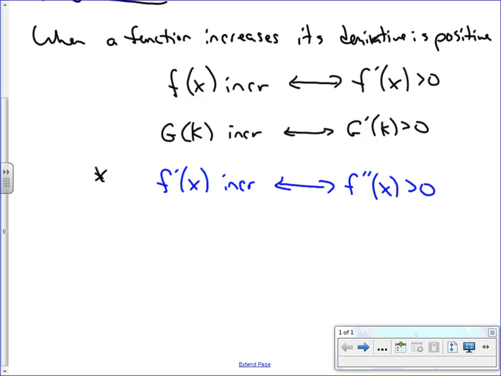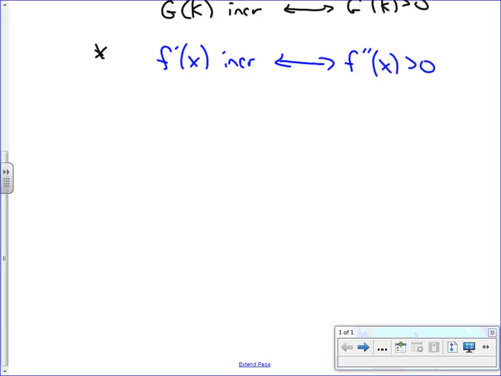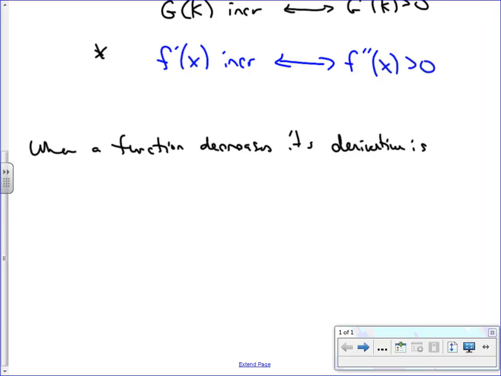Okay. So we could write the same series of statements for decreasing. When a function decreases, its derivative is not positive, but negative.